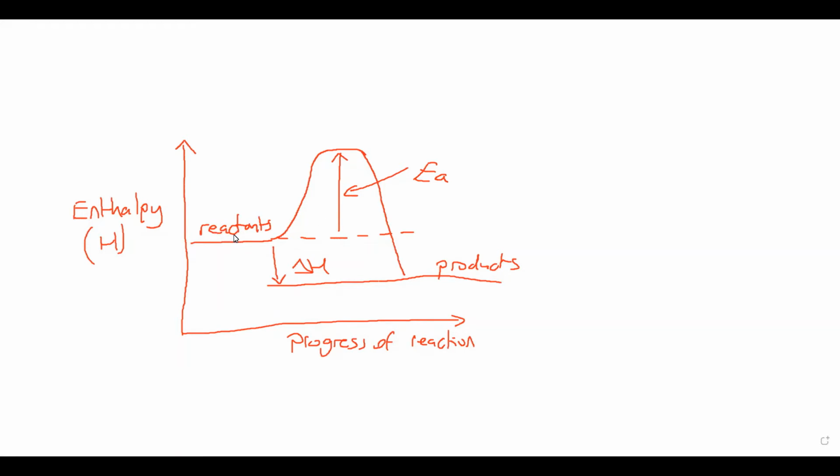If you think about pushing a car up this hill, you need to get it all the way to the top to get it to go down the other side. If you only get it up halfway, then it will fall back down the hill. AKA, we will move back to our reactants unless we have the required energy to go all the way up to break our reactant bonds and move all the way down to our products.